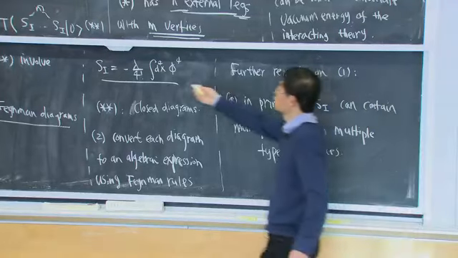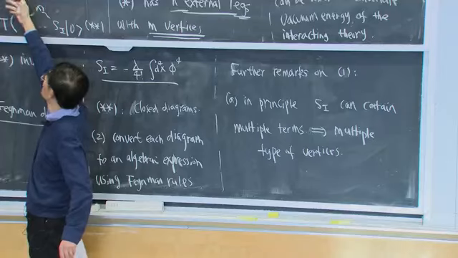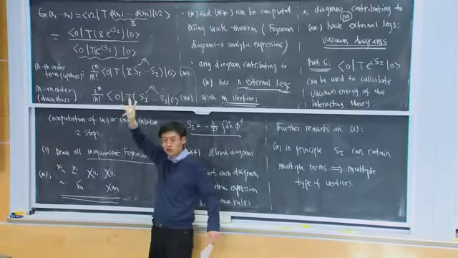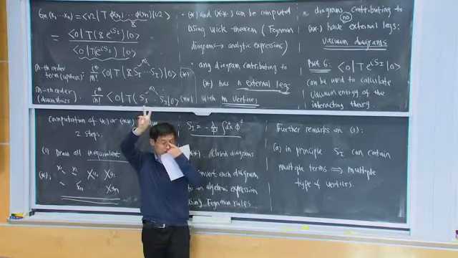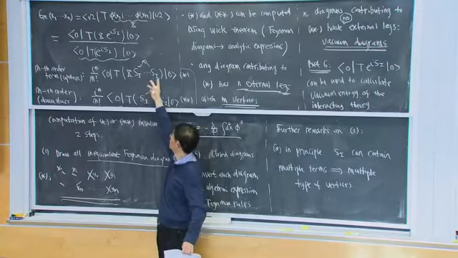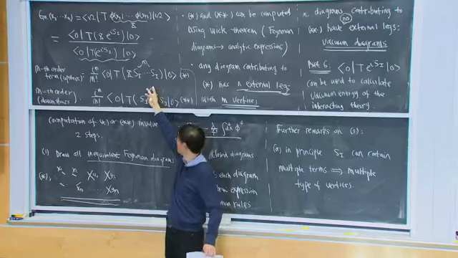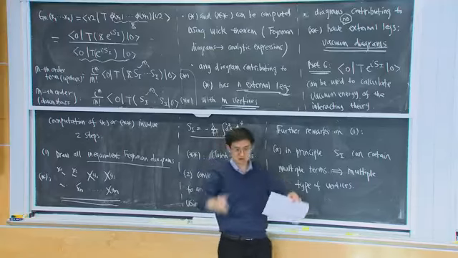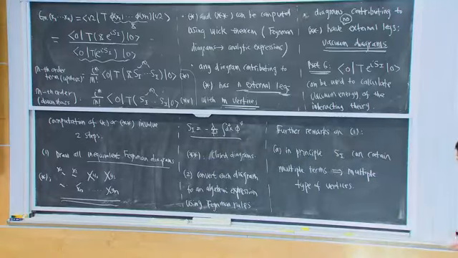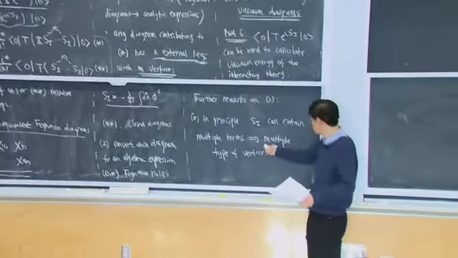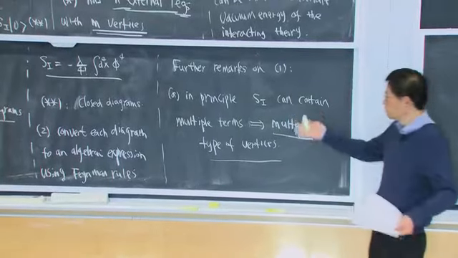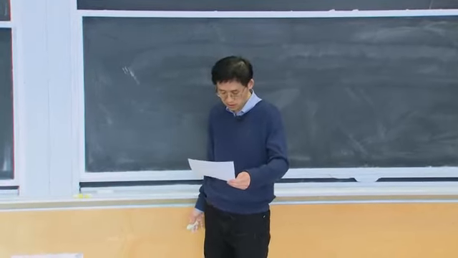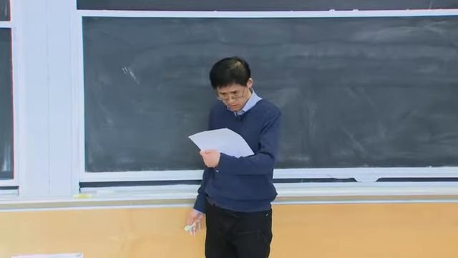Suppose S_I contains two terms; then you just multiply them out, and you get many terms, corresponding to different combinations of vertices, for different types of vertices. But the rule is exactly the same. Just now your diagrams are more complicated, but otherwise it's identical.